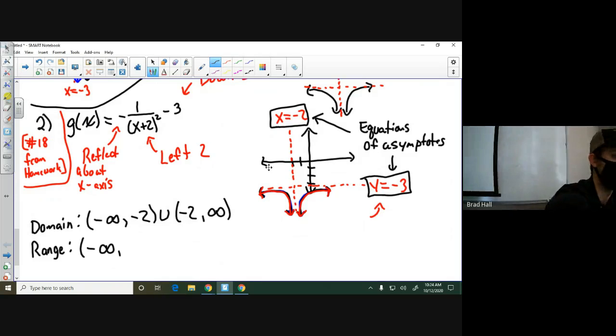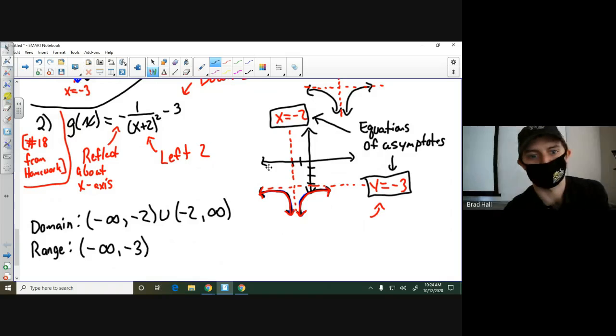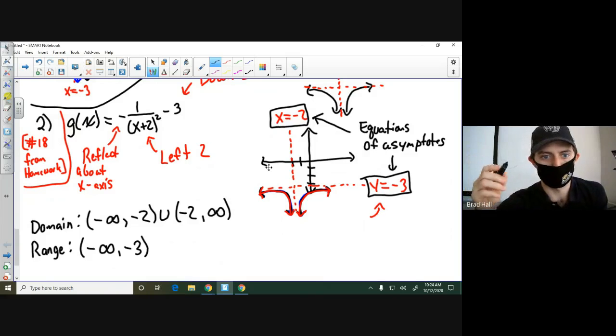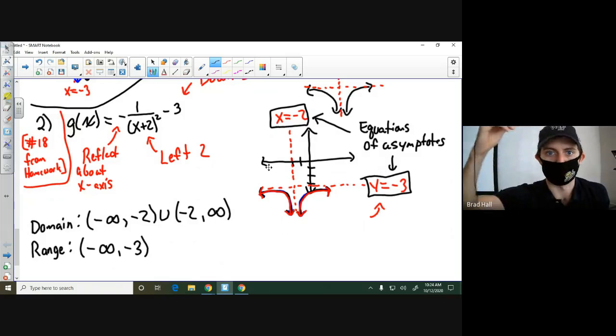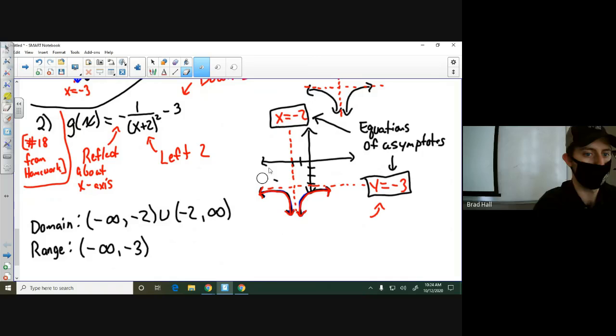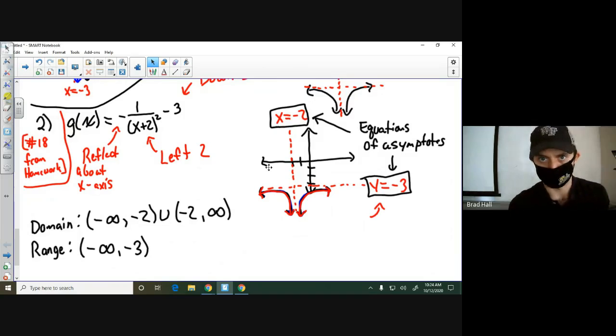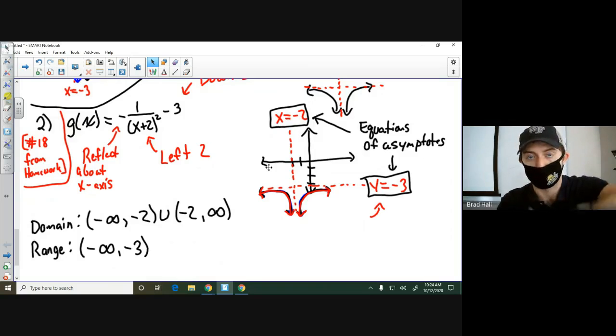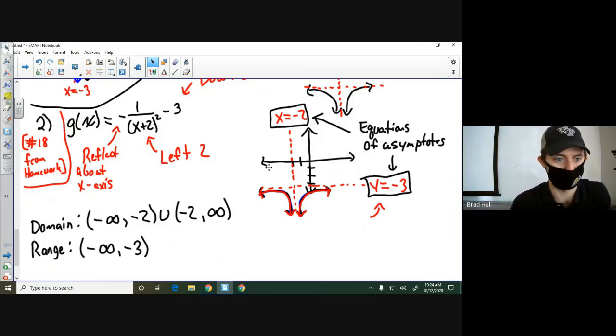So the barrier says you cannot go any higher than -3. And we ask, well, can we skip around the barrier and continue on like we did for the domain? And the answer is no, because there's nothing going on up here, nothing at all. So our range would stop right there. So the range is just negative infinity to -3, because everything is forced to be below that horizontal asymptote.